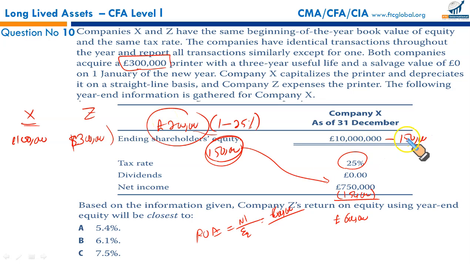So deducting £150,000 from 10 million will give you 9,850,000. Calculating now the return on closing balance of equity, 600,000 upon 9.85 million gives you 6.1%. That is option B.